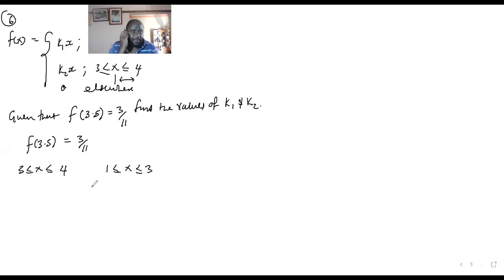We know one thing, that the function at x is 3 in this region is the same as the function at x is 3 in this one. If that value is p, it is supposed to be the same value here. So if I substitute 3 in the first region, I'll have 3k1 is equal to p.